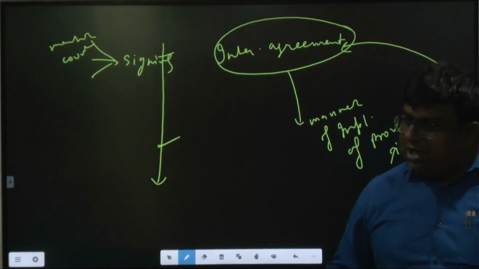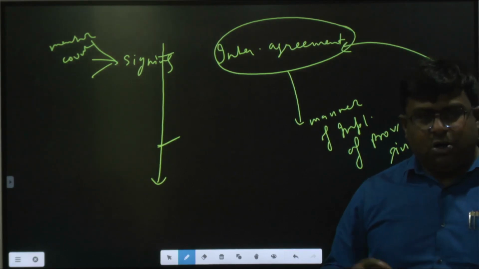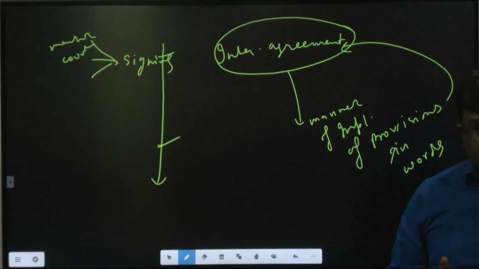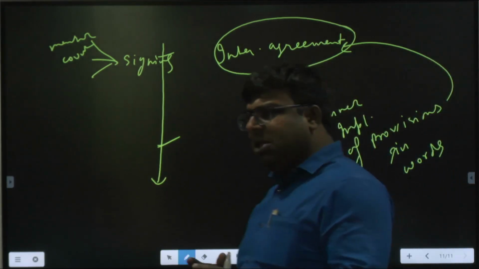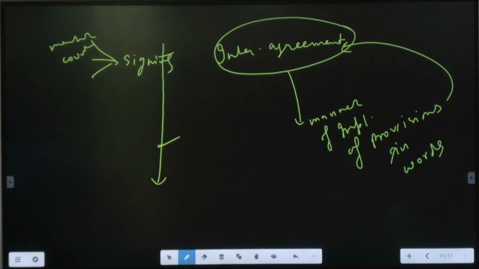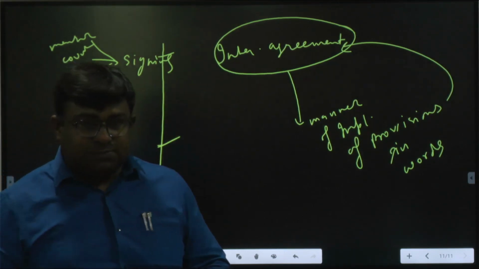Every member country goes for a thorough analysis of it. And when a country feels that, no, this international agreement is in consonance with our requirement and it is very favorable for us to be part of this provision.